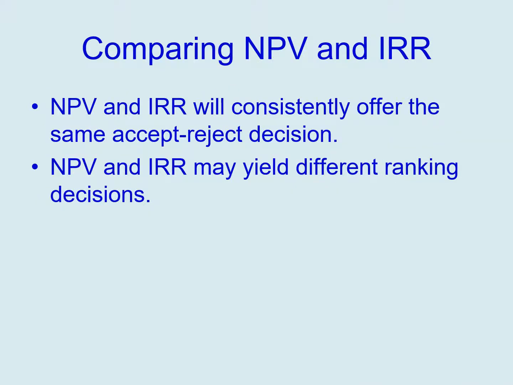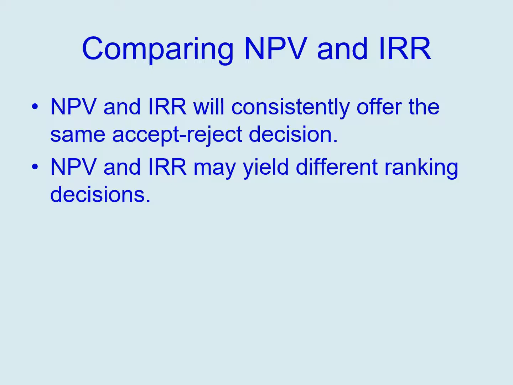And then in part 2, we're going to start comparing the net present value and the internal rate of return. The reason I'm choosing these two to compare in part 2 is because one is preferred by academia, the other is more preferred in practice. And we'll find that they consistently offer the same accept-reject decisions.